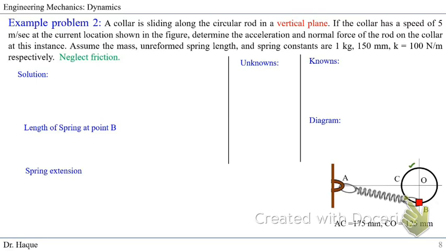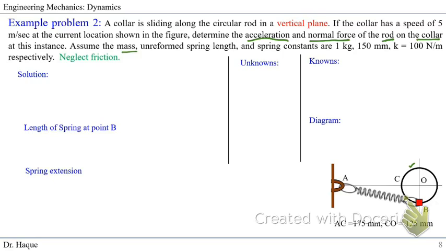So the problem asks to determine the acceleration and normal force of the rod on the collar. Since something rotating in a circular path will have a normal force, what normal force does the rod have on the collar at that instant, at location B?